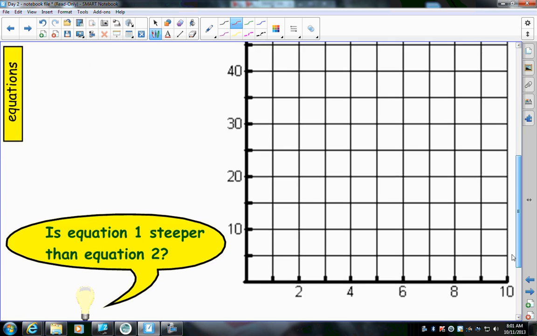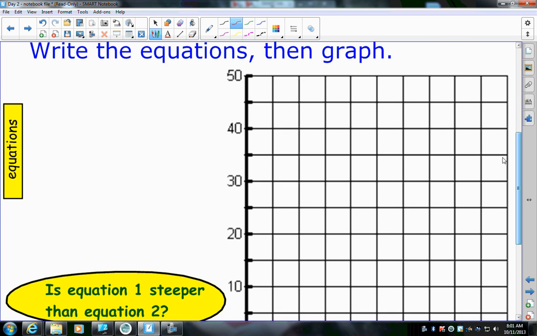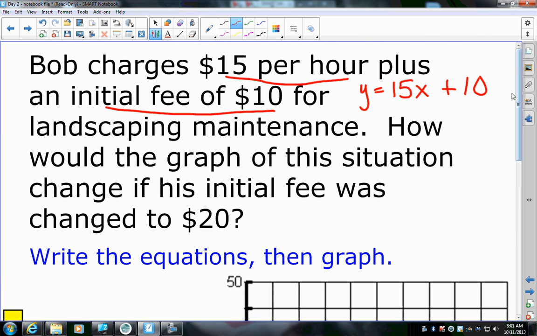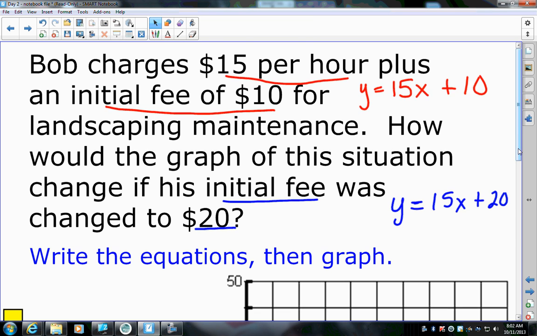Then it says, how would the graph of the situation change if the initial fee was changed to 20? Y equals, well, I've still got $15 per hour, but this time it's an initial fee of $20. Those are the two equations you should have come up with.